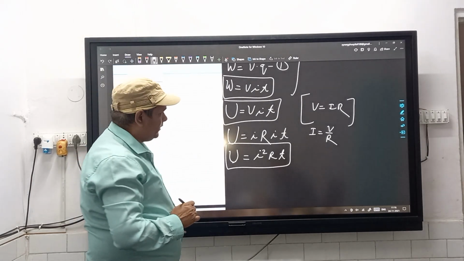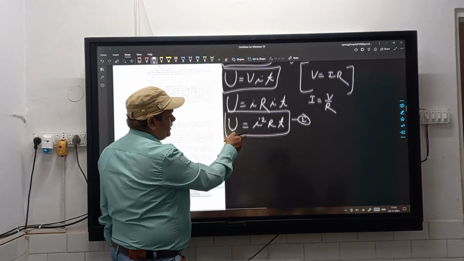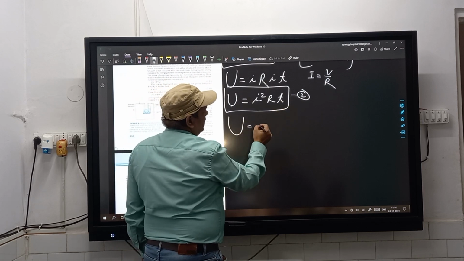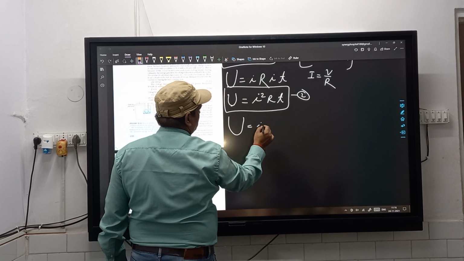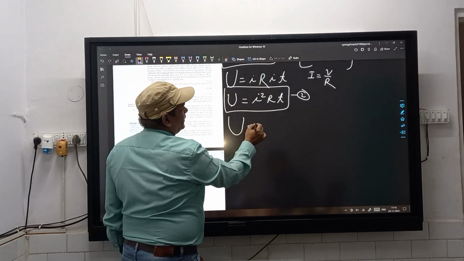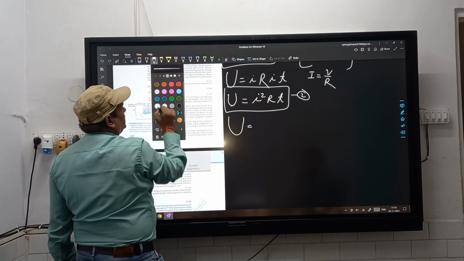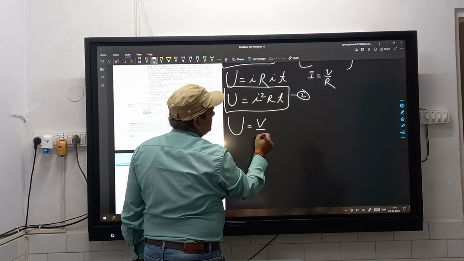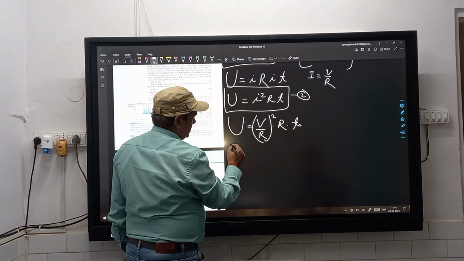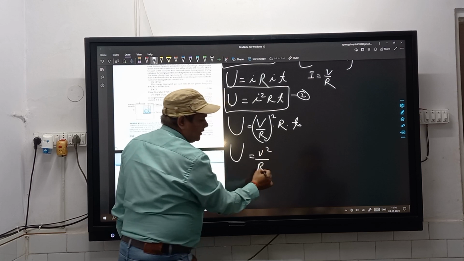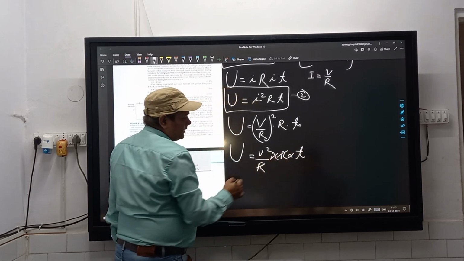I is equal to V upon R. Then from this equation, suppose this is the equation 2, we can get electrical energy U is equal to, rather than I, we can write V upon R, squared, and here R, here T. Then you can find V square upon R, here R into T. R getting cancelled out.